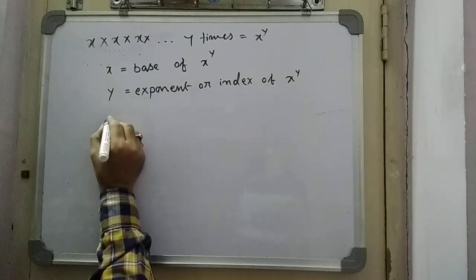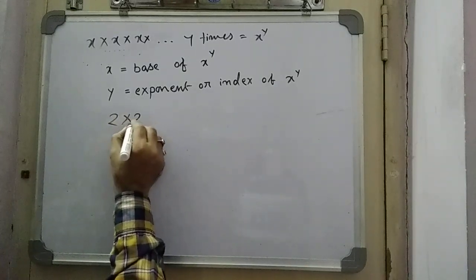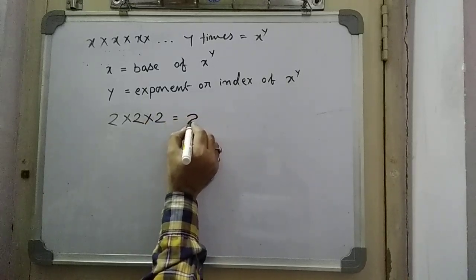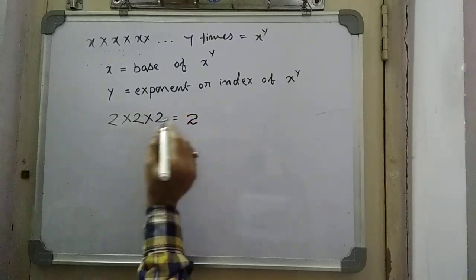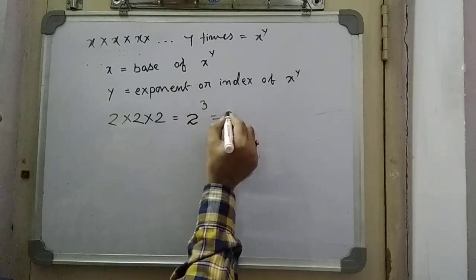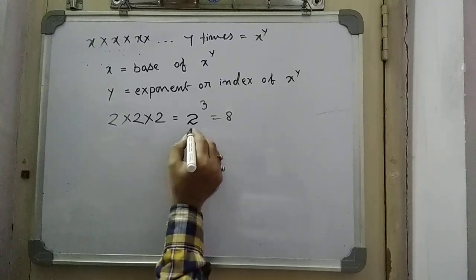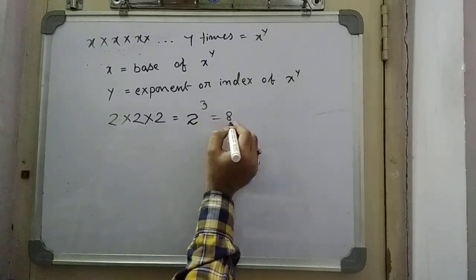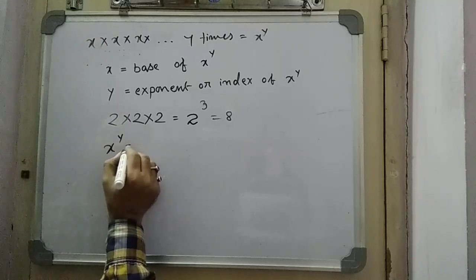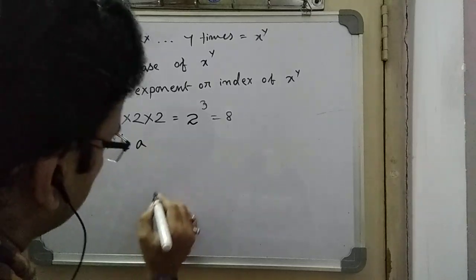Now suppose you multiply 2 three times. The base is the same, 2, and what will be the exponent? 3 times, so it will be 3. The result is 8. So x to the power y equals some value. Consider this value as a generic value a.